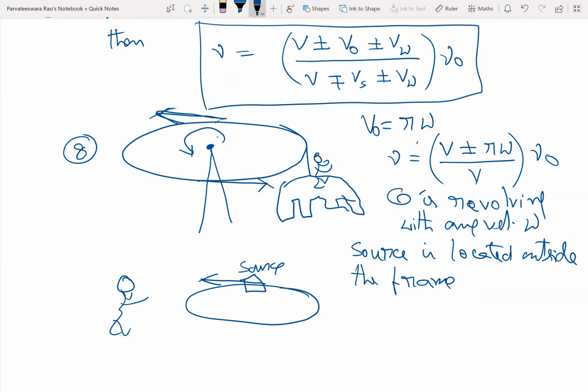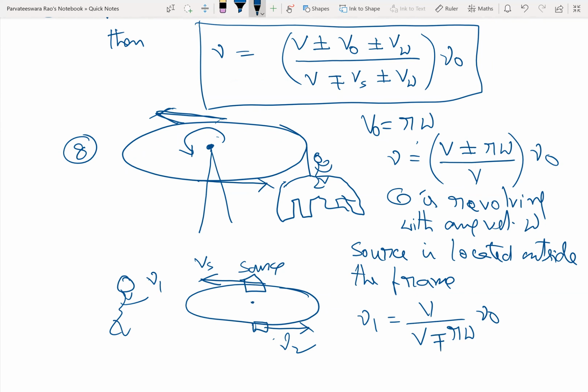So when the source is approaching him with a speed Vs, the frequency will be nu1, and when the source is moving away, the frequency will be nu2, such that nu1 will be V by V minus R omega into nu naught, and nu2 will be V by V plus R omega into nu naught.